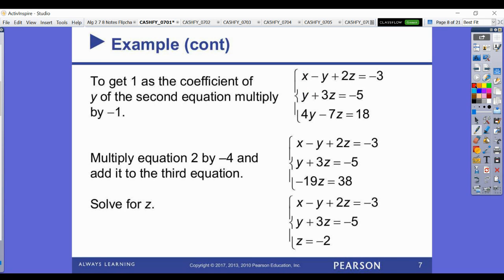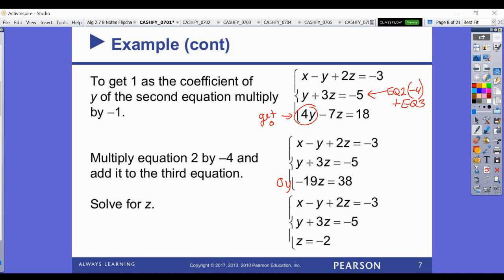So my next goal then is going to be to make this a 0. So I'm going to take equation 2, and I'm going to multiply it by -4 and add it to equation 3. So if I put a -4 here, plus 4, I will get 0.